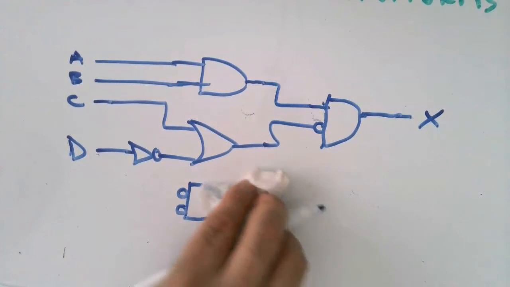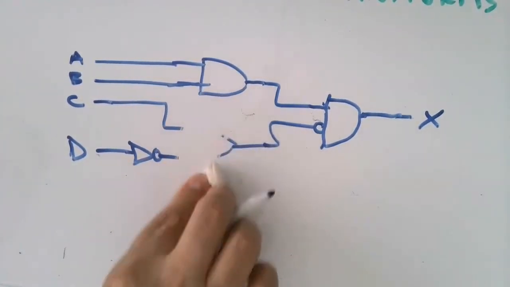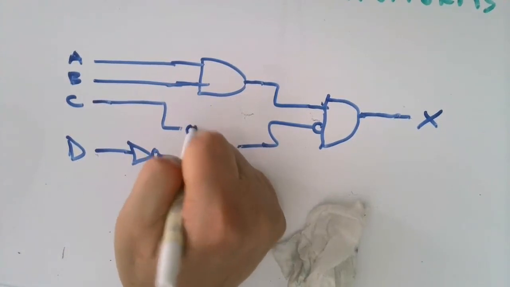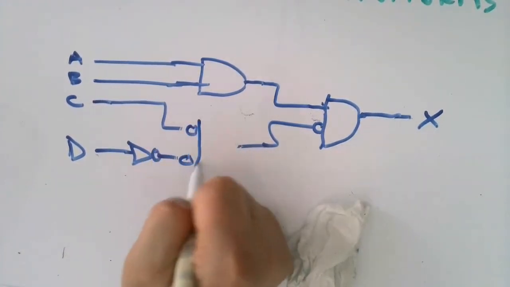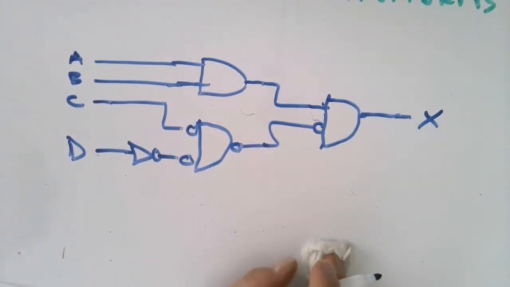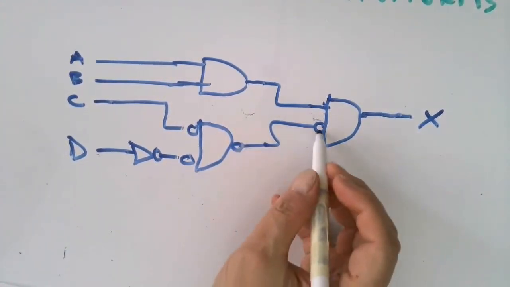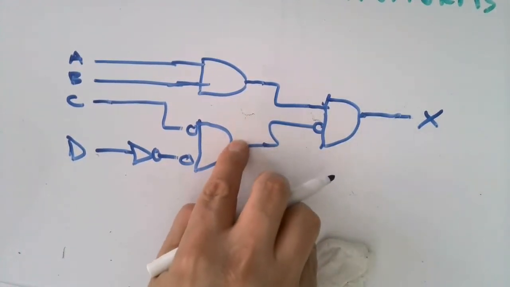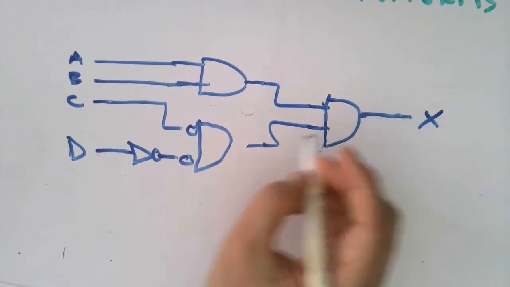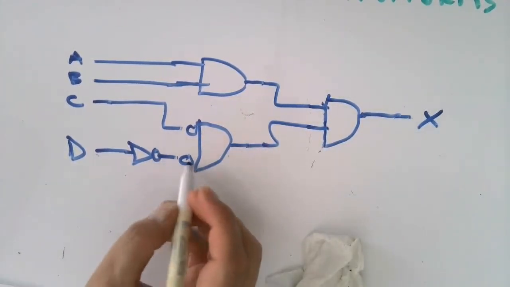So let me redraw that in this circuit. I'm going to put a bubble here and a bubble here. And this is our NAND gate now. Now again, you'll notice we've got a bubble and a bubble, so those bubbles can cancel. And we have a bubble and a bubble here.